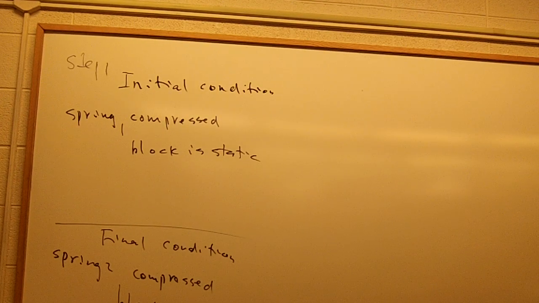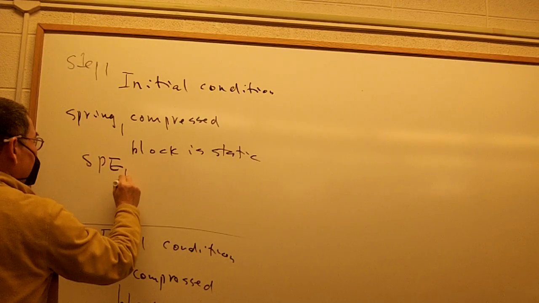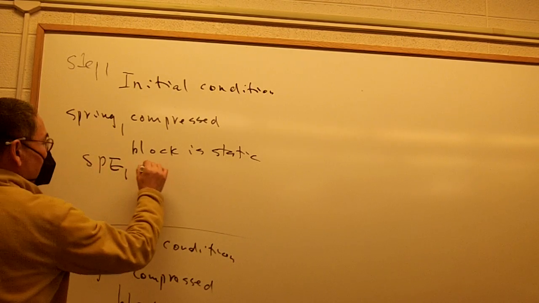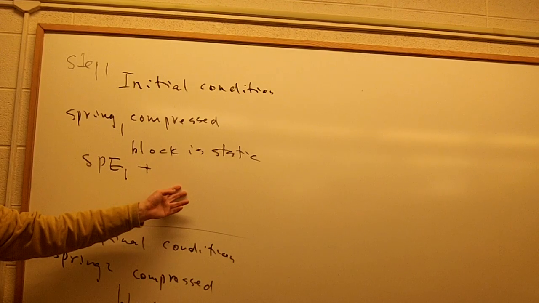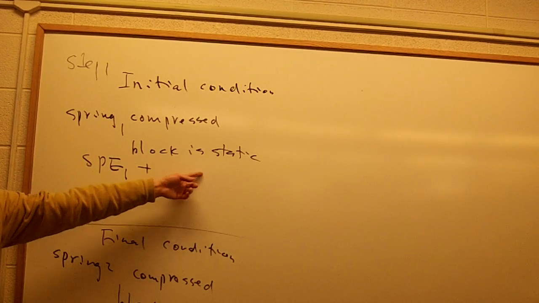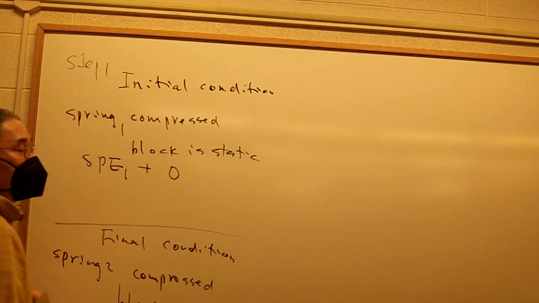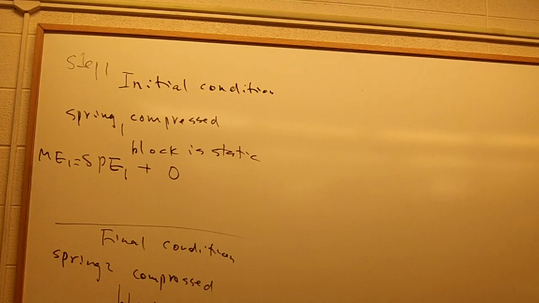So I will have the spring potential energy SP plus the kinetic energy of the block. How large is the kinetic energy of the block? 0, of course, that's static. And this is my initial mechanical energy.